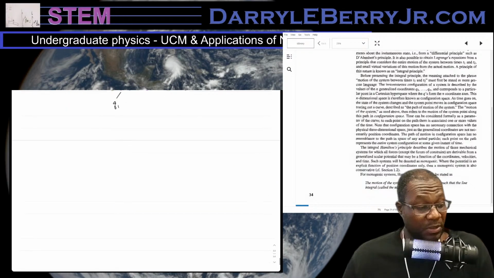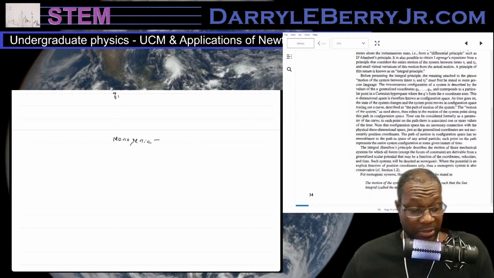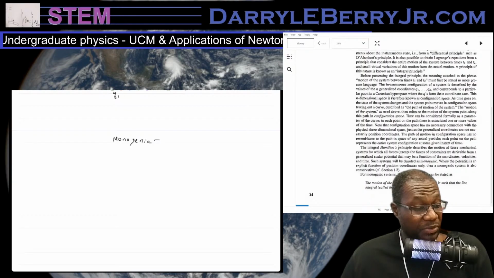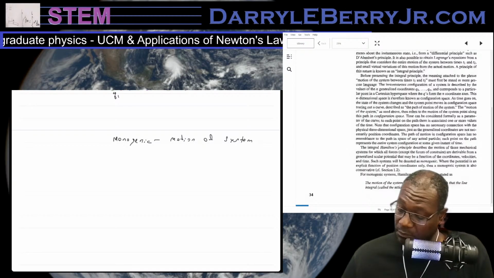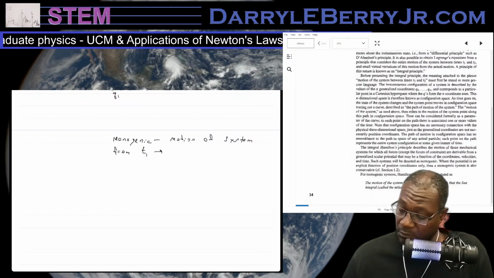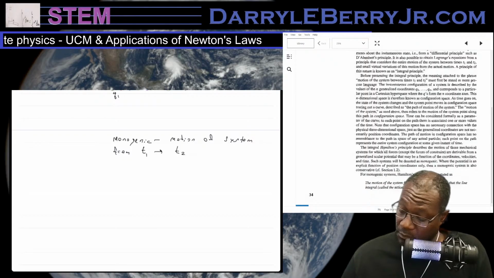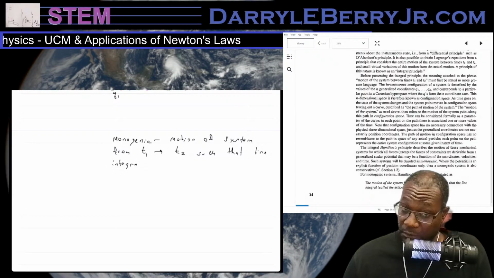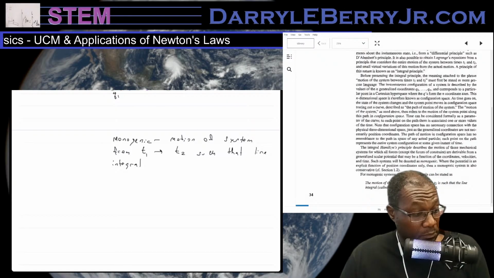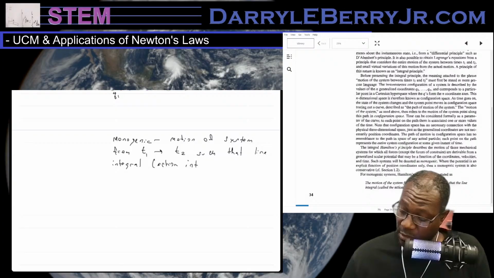She explained it a lot better. Monogenic: the motion of the system from time 1 to time 2 is such that the line integral... remember this term, action integral.